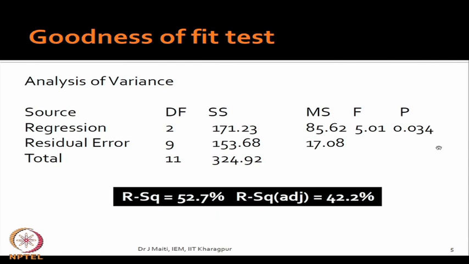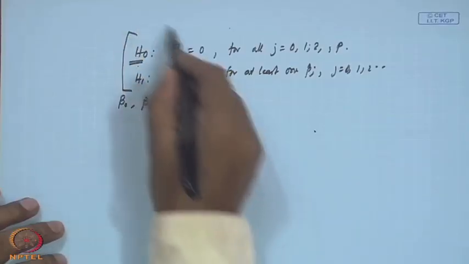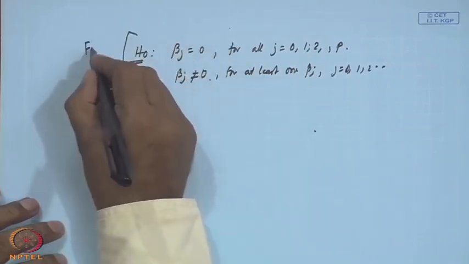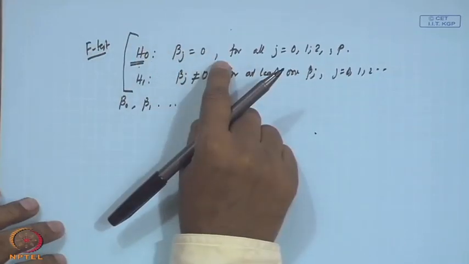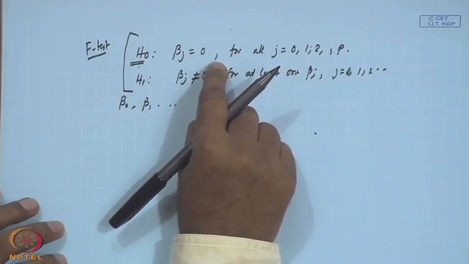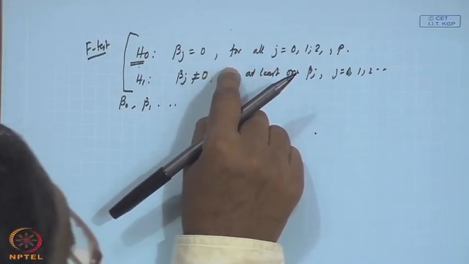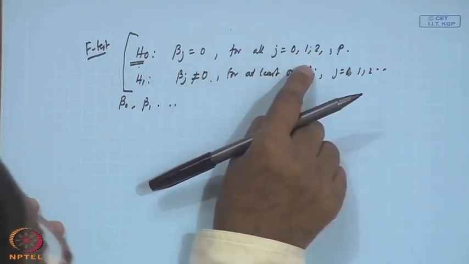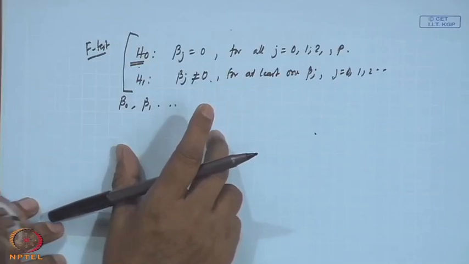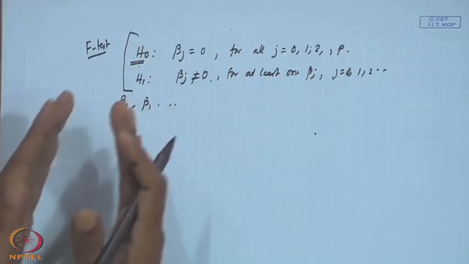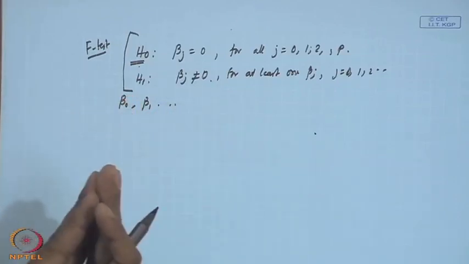If this is the case, then definitely we want to test the individual parameters. Collectively this F test is saying that there are some parameters which are contributing. R square is saying that overall variability explanation is poor.